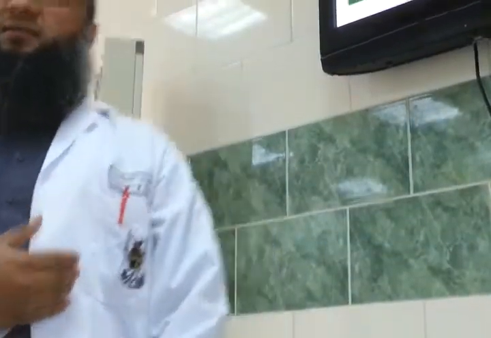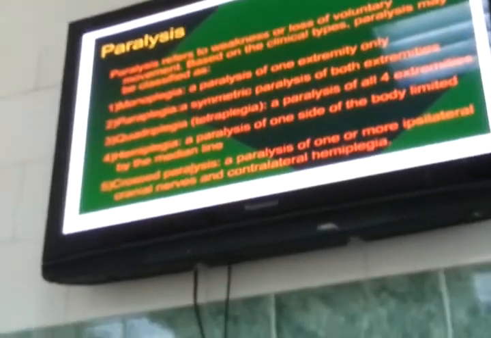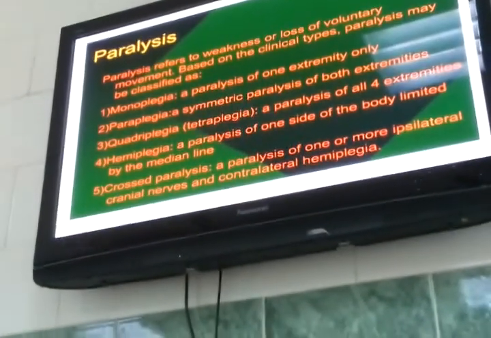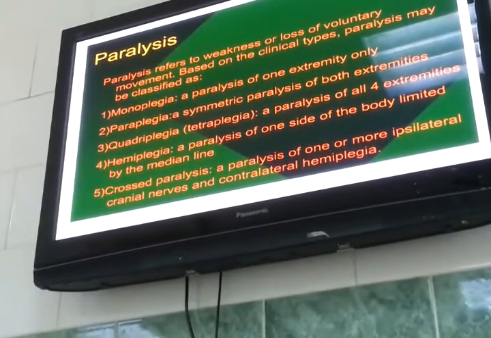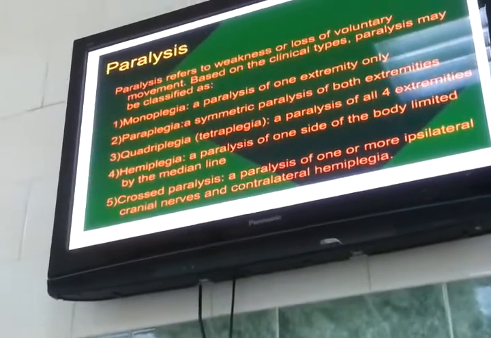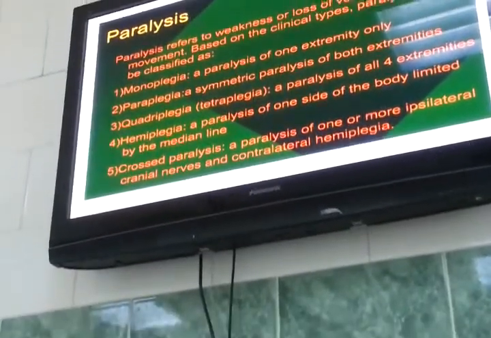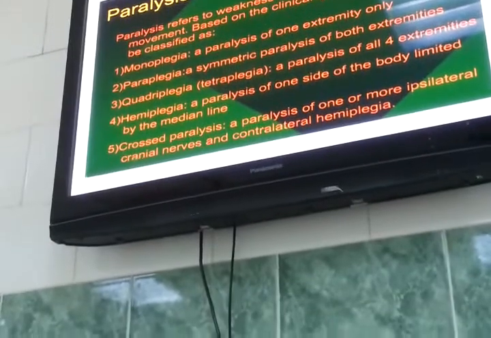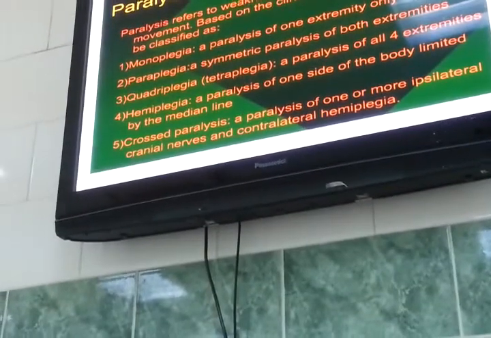In a stroke patient, what happens? Half of the body is paralyzed. This is called hemiplegia. And one more, cross paralysis. In cross paralysis, there is hemiplegia on one side and one or more cranial nerves affected on the ipsilateral side. So contralateral hemiplegia, and on the other side one or two cranial nerves are affected.